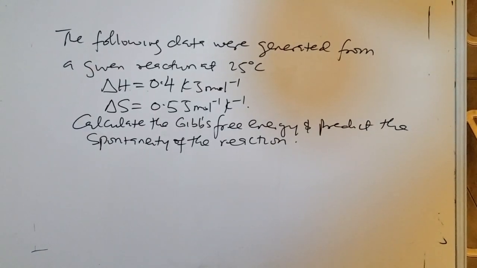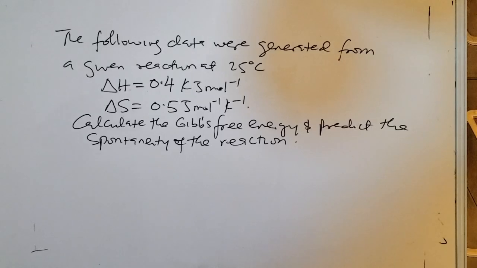So let's look at the question on the whiteboard. It says the following data were generated from a given reaction at 25 degrees Celsius. The enthalpy change is 0.4 kilojoule per mole. The entropy change is 0.5 joule per mole per Kelvin. Calculate the Gibbs free energy and predict the spontaneity of the reaction.